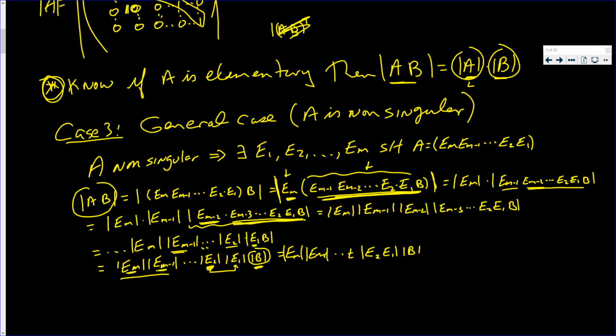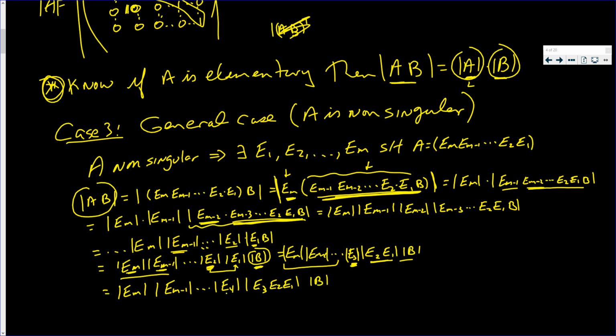Now here we're going to have the determinant of E3, which is elementary, times this. So up to here, we're going to have the determinant of E_M times the determinant of E_(M-1), all the way down to the determinant of E4. Now the determinant of this elementary matrix times the determinant of that matrix is the determinant of the product. And let's not forget the B at the end.